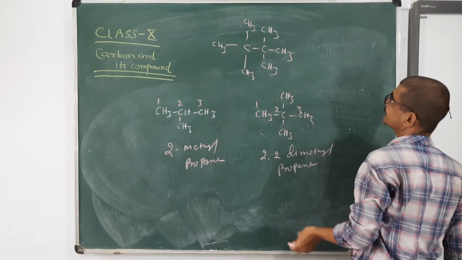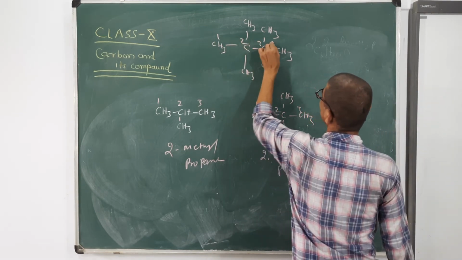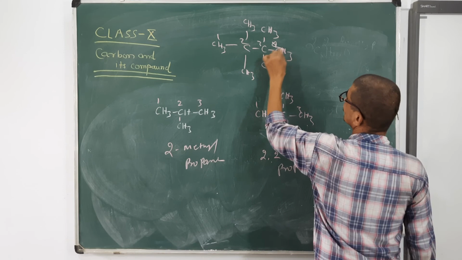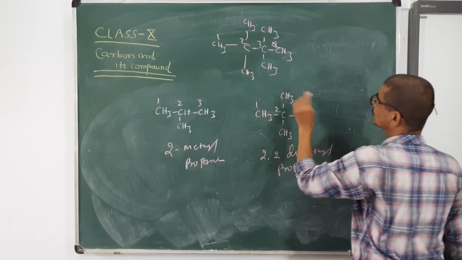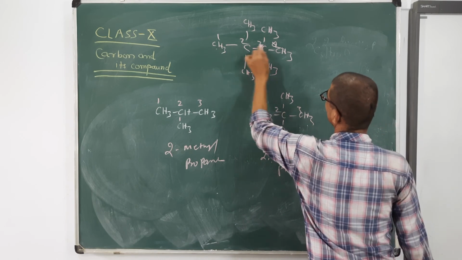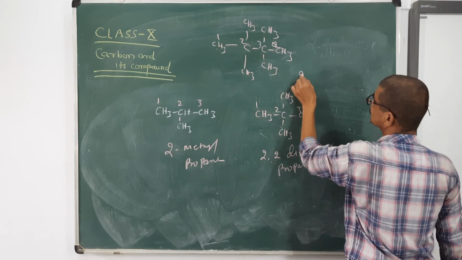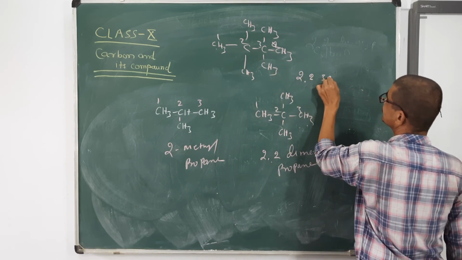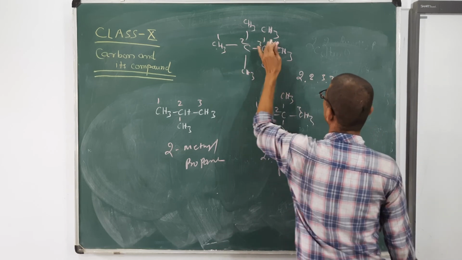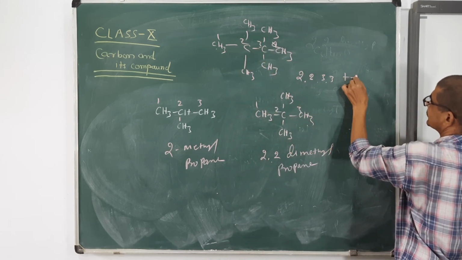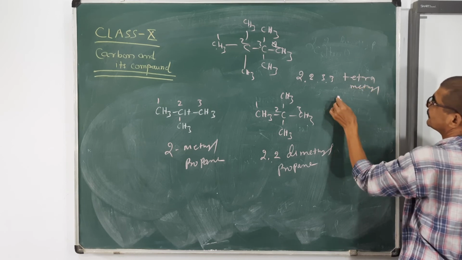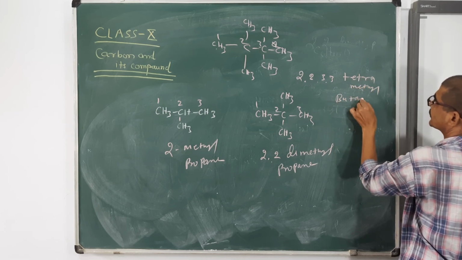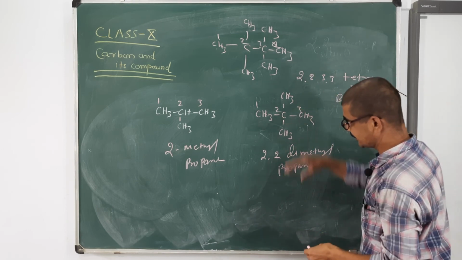What is this? 1, 2, 3, 4. At the 2 carbon atom, 2 branches, at the 3 carbon atom, 2 branches again. So first select the longest chain, and 2,2,3,3, 1, 2, 3, 4, tetramethyl butane, because the number of carbon atoms is 4. So this is nomenclature.